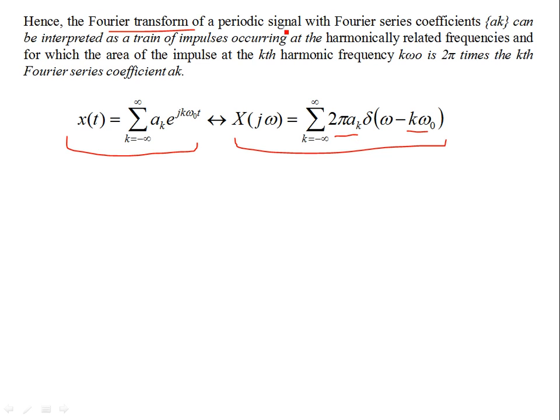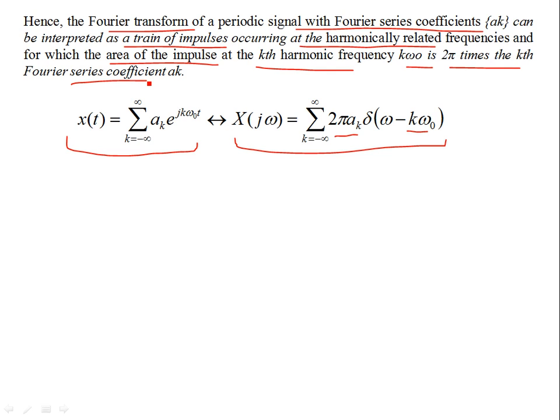Hence, the Fourier transform of a periodic signal with Fourier series coefficients a_k can be interpreted as a train of impulses occurring at harmonically related frequencies, where the area of the impulse at the kth harmonic frequency k omega naught is 2 pi times the kth Fourier series coefficient.